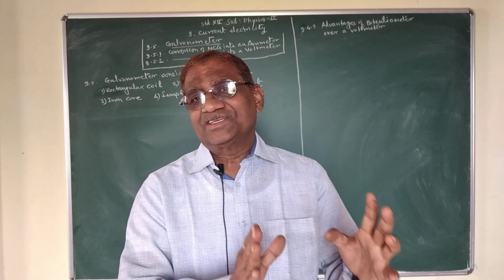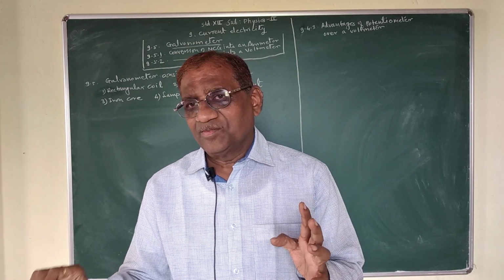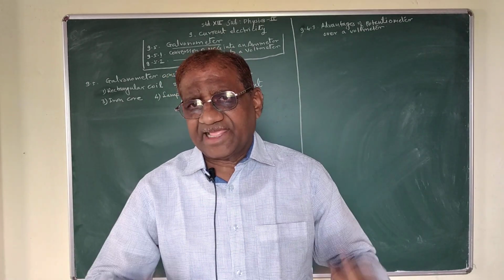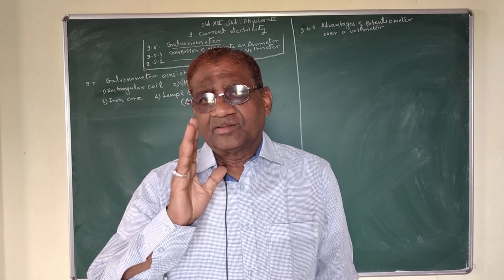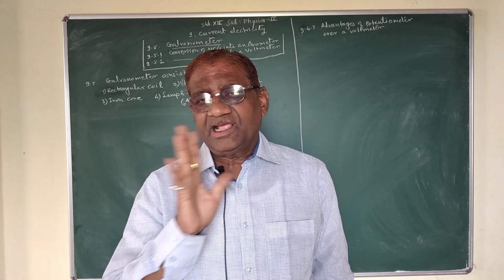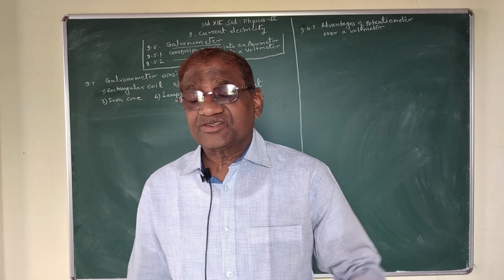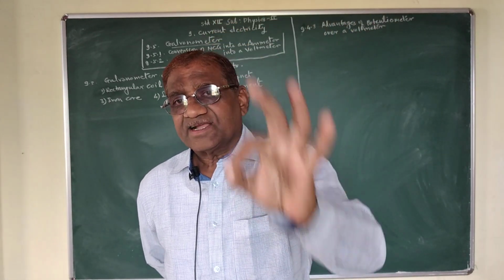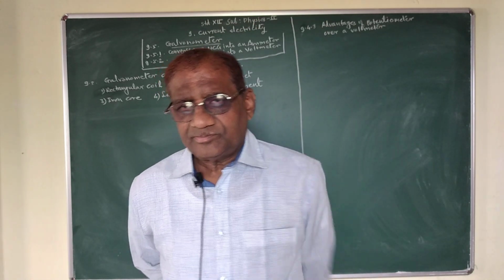Then we can use this instrument for the measurement of electric current and potential difference. For making modification in that galvanometer, for the conversion of galvanometer into an ammeter or galvanometer into a voltmeter, we must know the principle, construction and working of galvanometer.